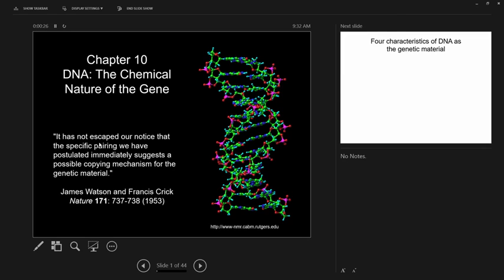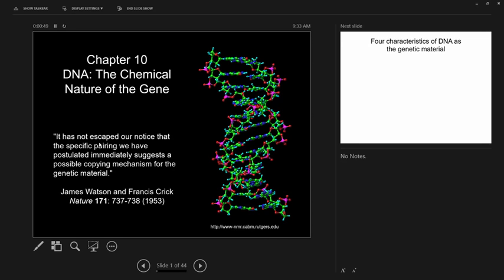So we're going to talk about the structure of DNA, and we're going to talk about how DNA is replicated, more copies are made. So the biochemistry of what happens during S phase that we've talked about earlier in the semester, and also how what is encoded by the DNA molecule becomes proteins in the cell.